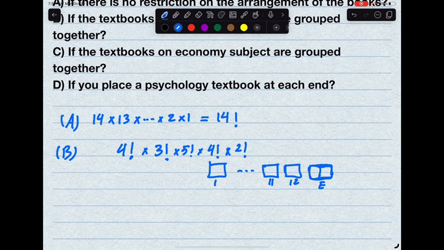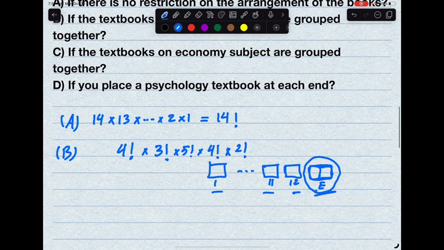First we choose the location of the economic books, then we ask in how many ways these economic books can be permuted. We have 13 objects, 12 different books and the 13th one is the economic books. For part C, it's 13 factorial, where these 12 books and the economic books can be placed.